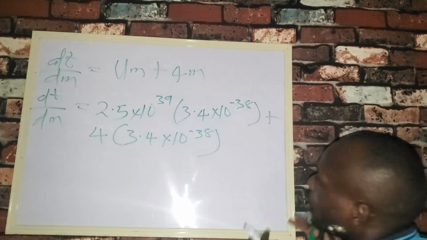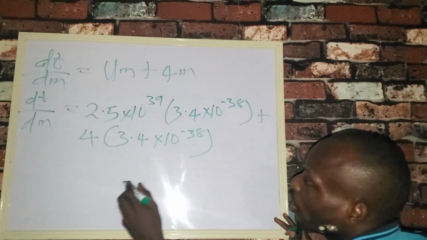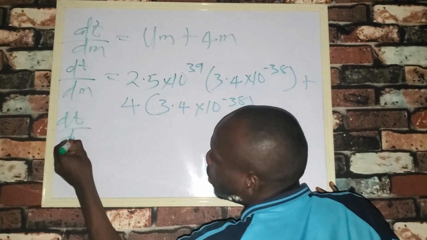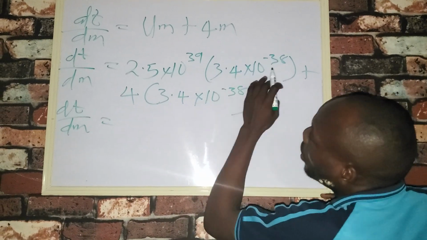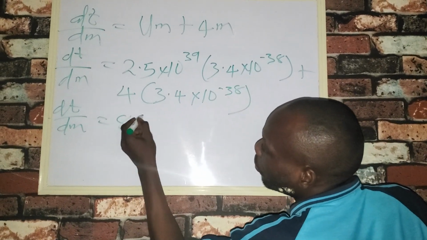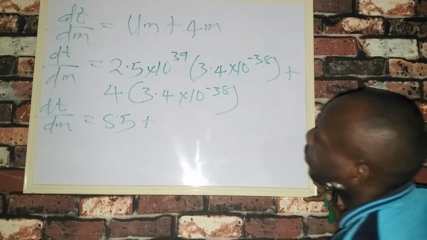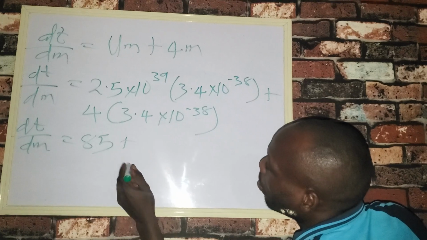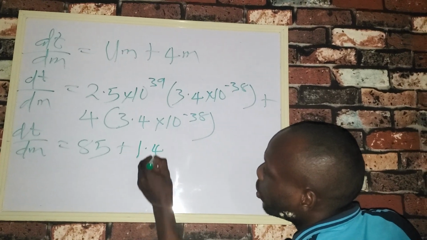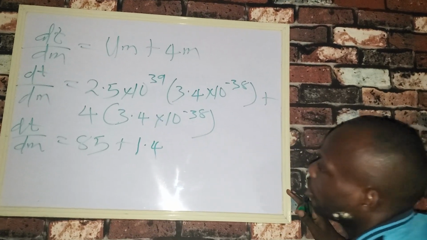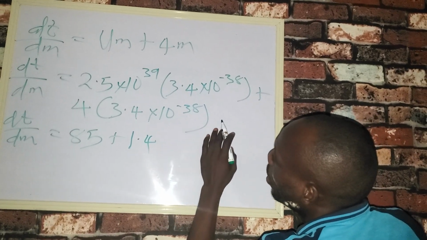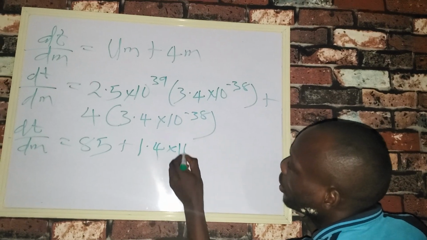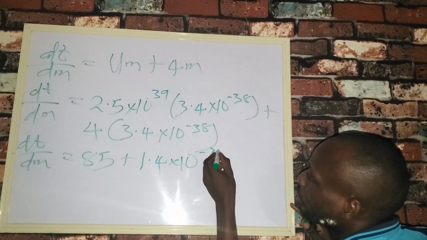So good. So now, by the time we multiply this, we're going to have this. When we multiply, we have 85, then plus. Now this particular one, when we multiply, we're going to have 1 point, when we approximate, 1.4 times 10 raised power minus 37.